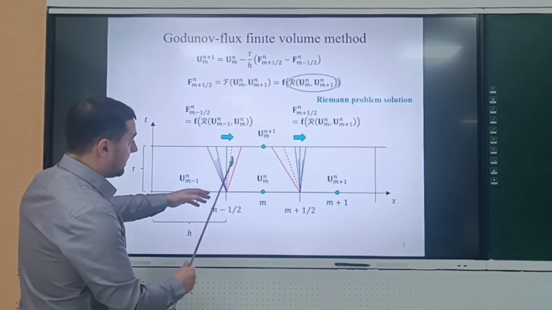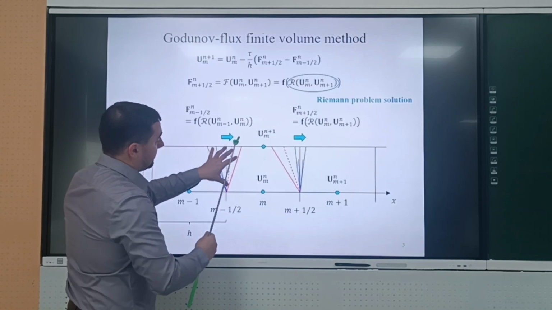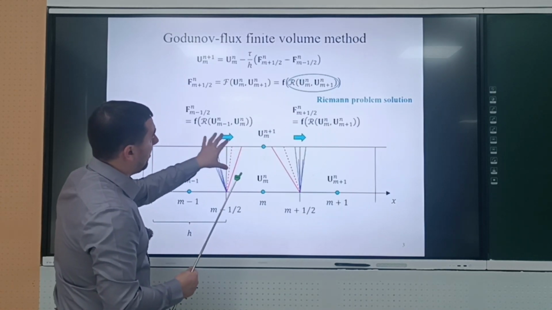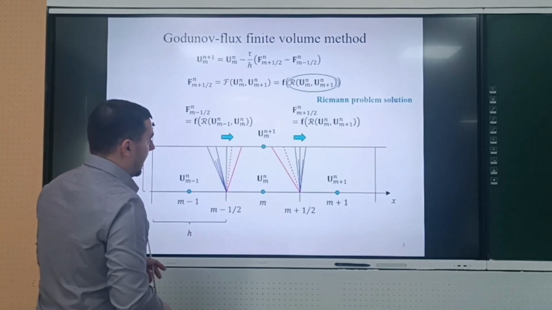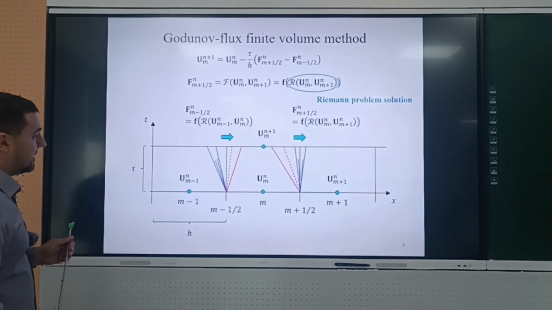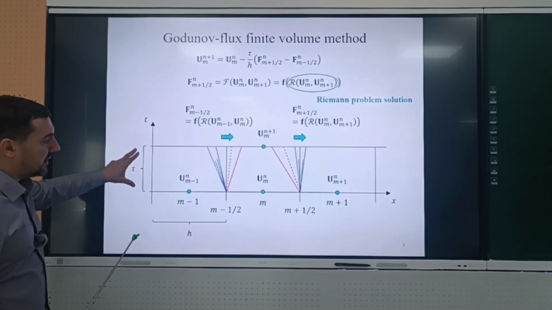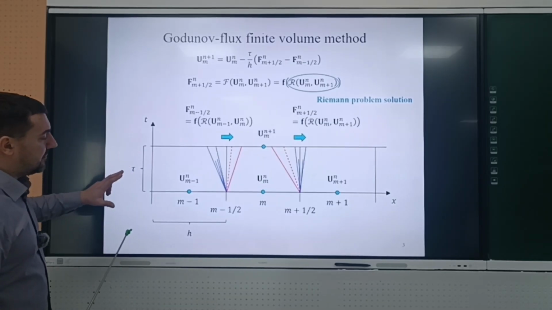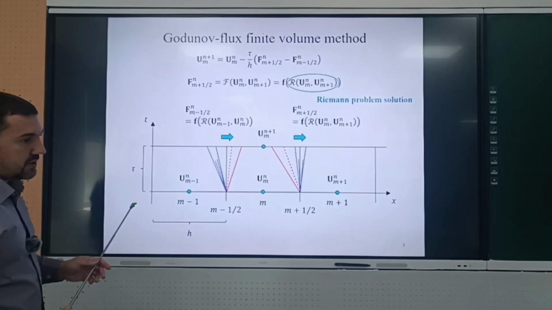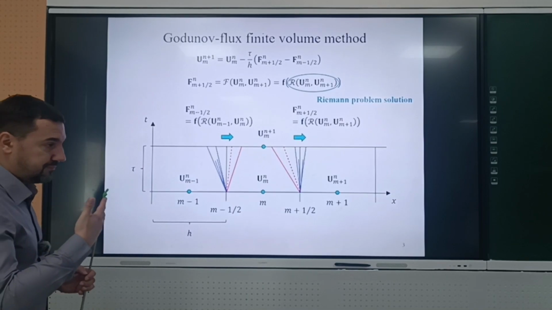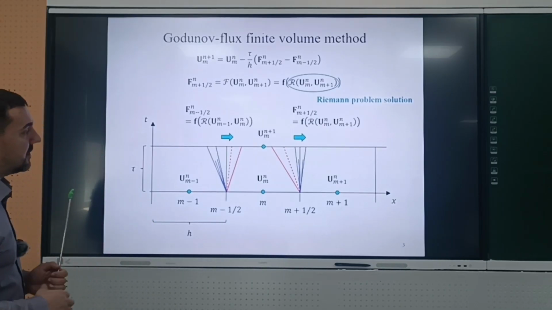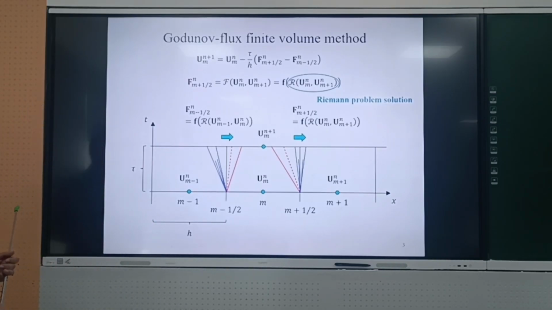So it means that all this wave structure should be compact. It should be just near our boundary, and it can be ensured using a small enough time step. This picture also illustrates the principles of the CFL criterion for stability.